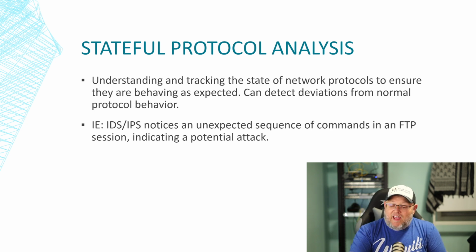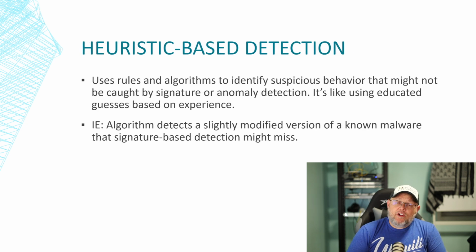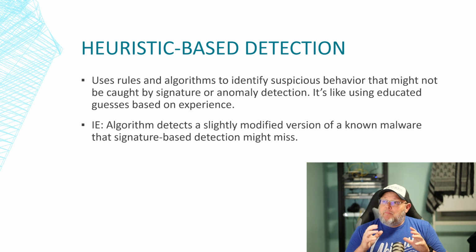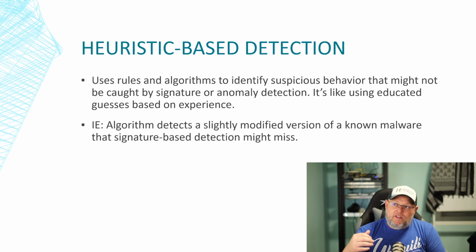This could indicate a potential attack. Heuristic-based detection uses rules and algorithms to identify suspicious behavior that might not be caught by signature or anomaly-based detection. It's like using educated guesses based on experiences. Here's an example. An algorithm detects a slightly modified version of a known malware that signature-based detection might miss.